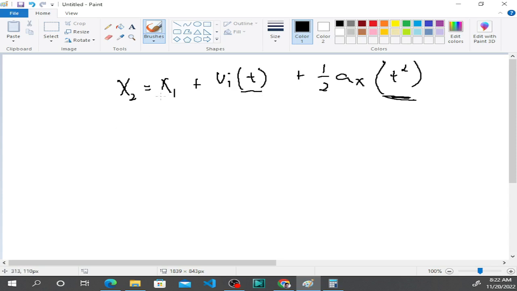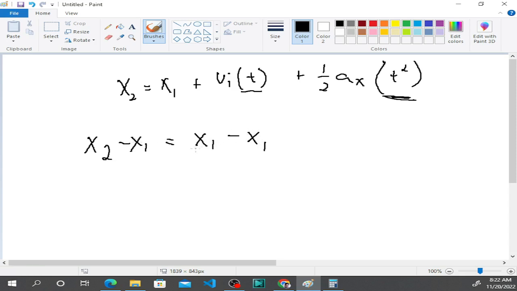Alright, so first we remove x sub 1 from this side of the equation, so let's do that. So that's going to be x sub 2 minus x sub 1 is equivalent to x sub 1 minus x sub 1, because we have to subtract it to the other side.